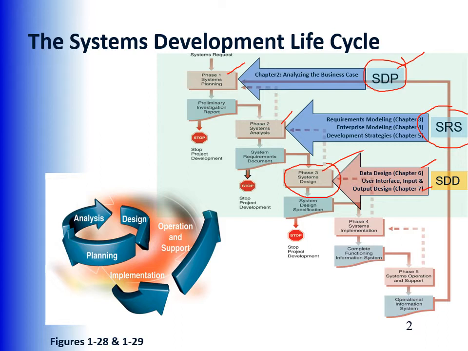The purpose of this phase is to create a blueprint, which is a technical drawing that will satisfy all documented requirements, covering outputs, inputs, and processes. So the output of this phase is the system design document. This is going to be your next task.